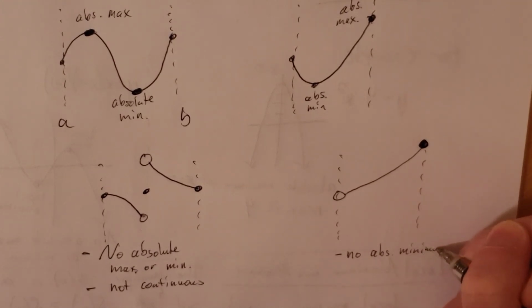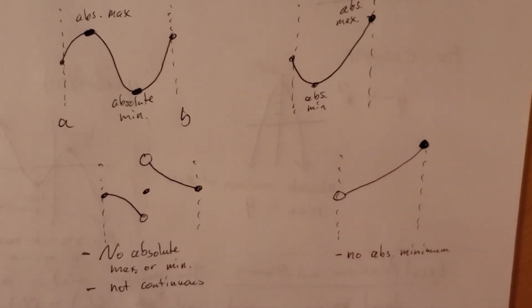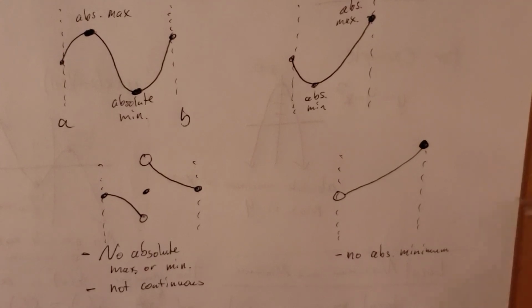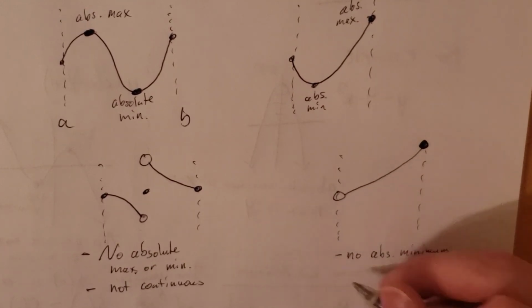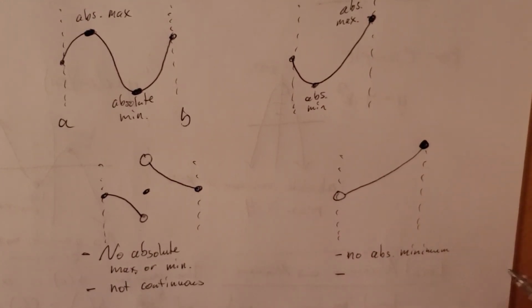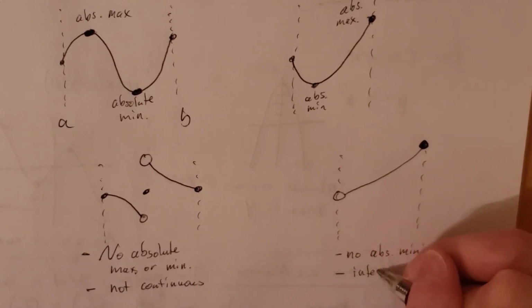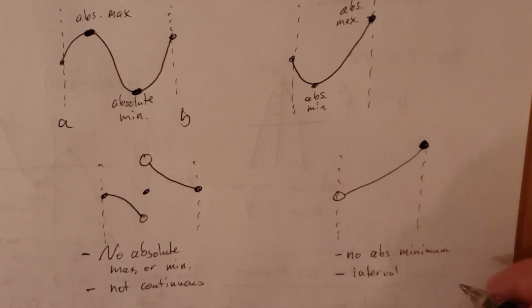And remember, our theorem guaranteed that we would have both, considering if our hypotheses were both satisfied. But here, one of our hypotheses is not satisfied, and in this particular case, we no longer have an absolute minimum. All right, and the reason is, again, that the interval is not closed.